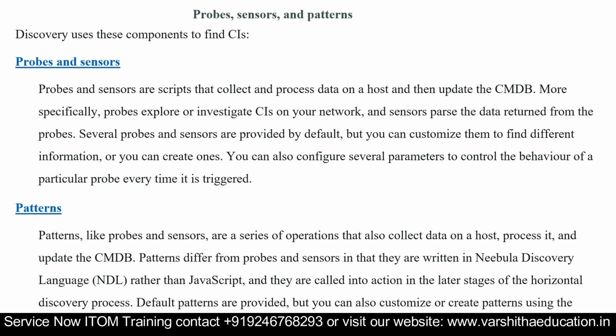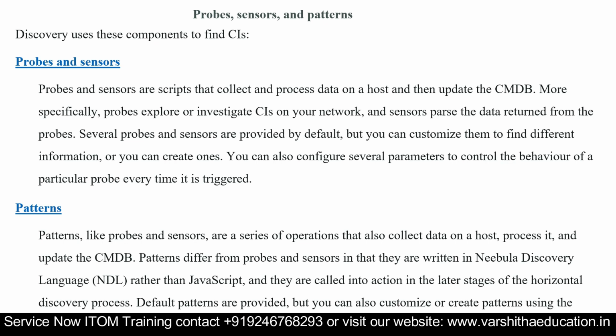So if it can fetch the data from the laptop, or some router, whatever it may be, then automatically it can identify the CI. If the CI is identified, then the sensor can pass the data. That's it. The first execution is the probe, then the second execution is the sensor.